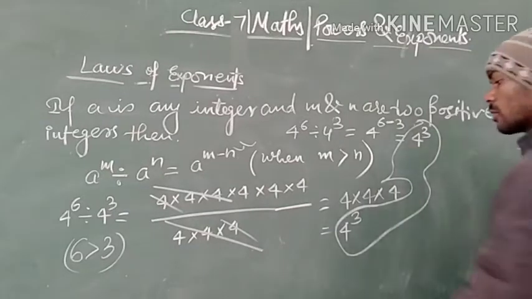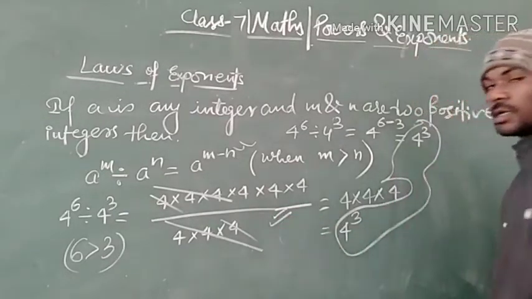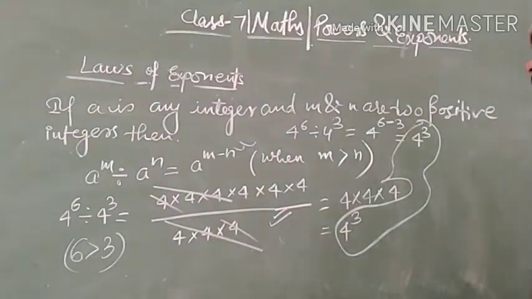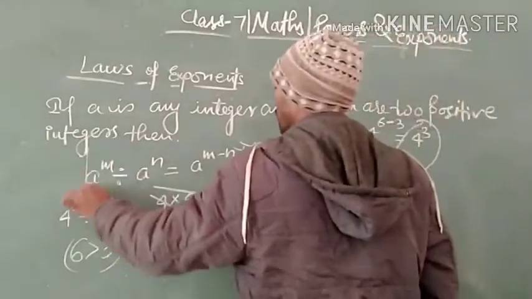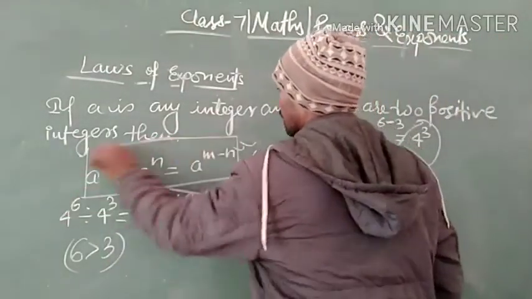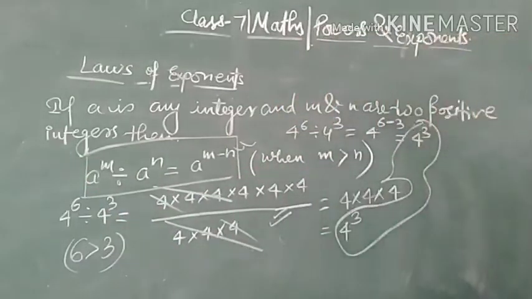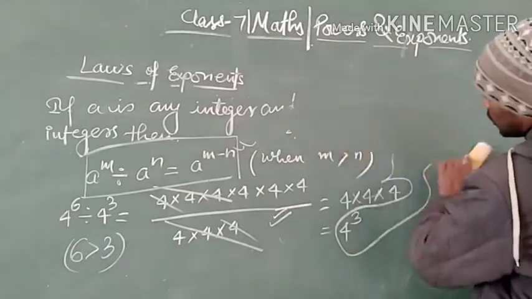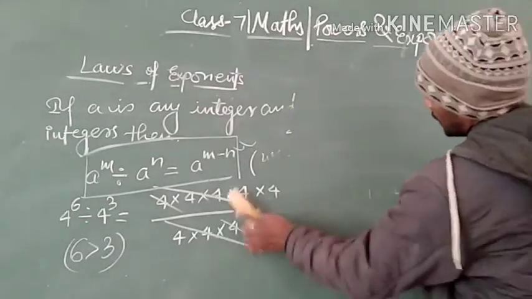So therefore this statement is the proof of the second law of exponent. Okay, so student, I hope it is also clear to everyone. Now let us see the next, the third rule of exponent.